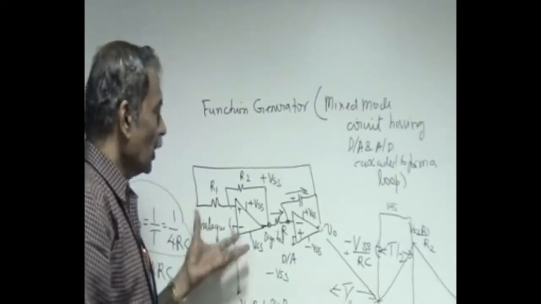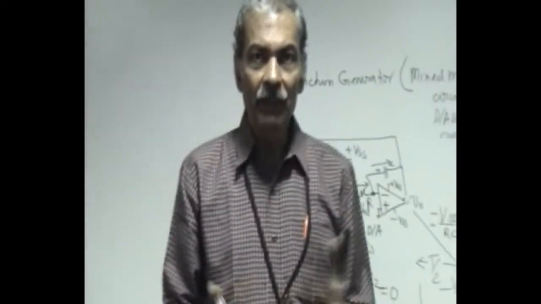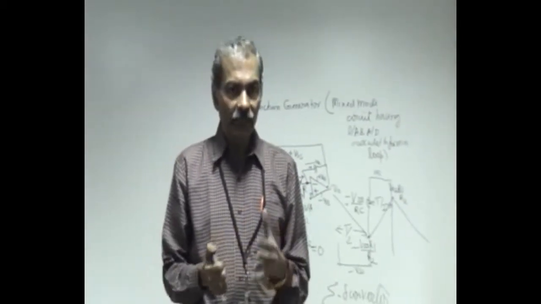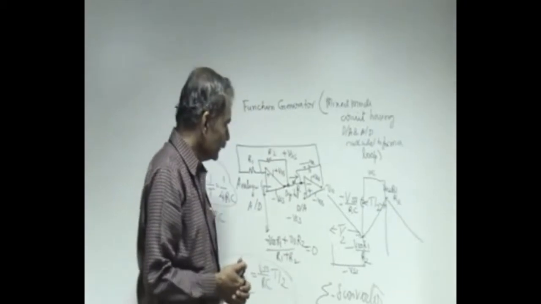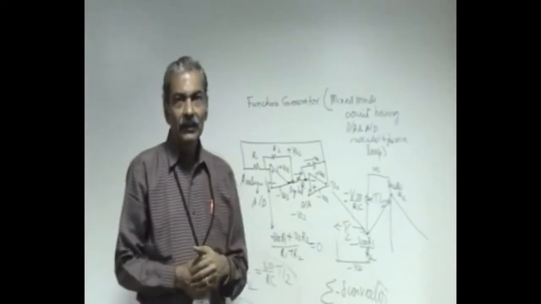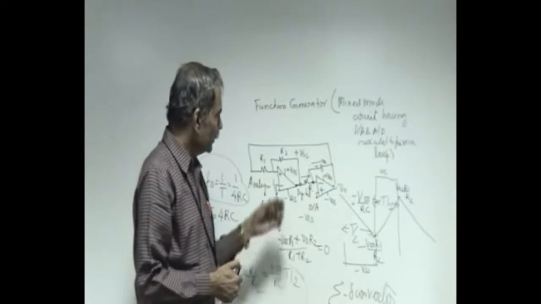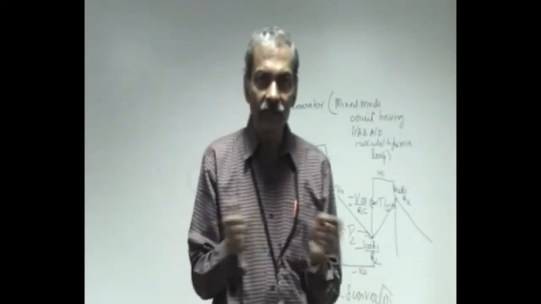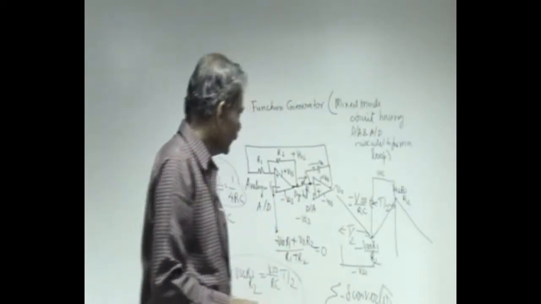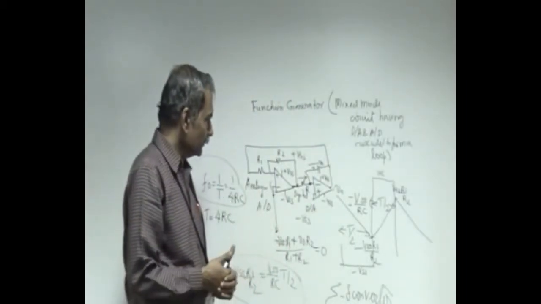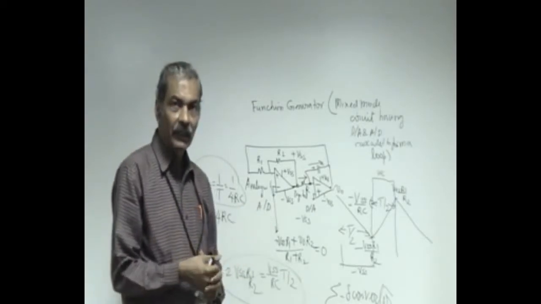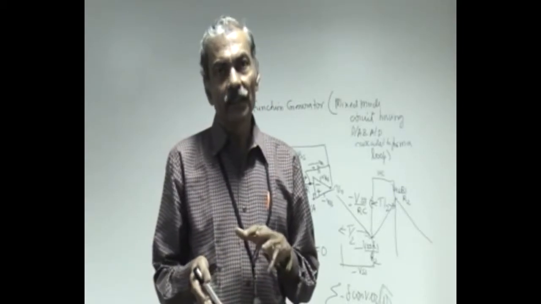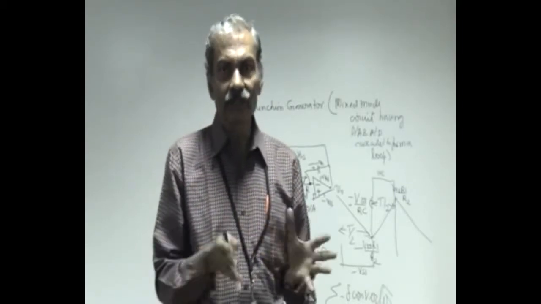It is also usable in developing, as we'll see later, class D power amplifiers, which are currently used as audio power amplifiers all over, where the active device is always used as a switch, and therefore we can do continuous modulation of the width in order to amplify power. That is the most efficient way of doing it. Another such application is the switched mode power supply, which we are also going to discuss.